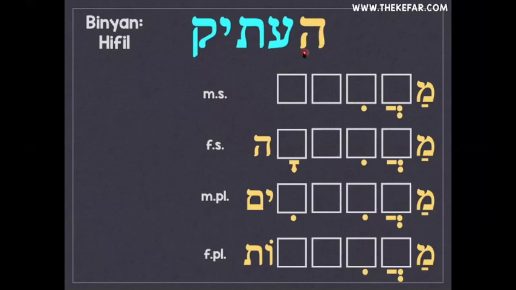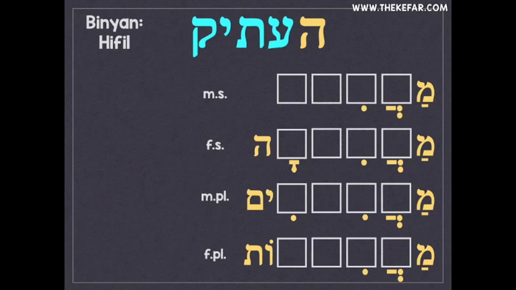Where we have leha'atik, all we're going to do is switch out the hey for the mem, just like we did for the regular group when we had lehargish, and the hargish turned into margish. So ha'atik is going to turn into ma'atik, and then ma'atika, ma'atikim, and ma'atikot. So this pattern is actually the same exact pattern as the regular group.